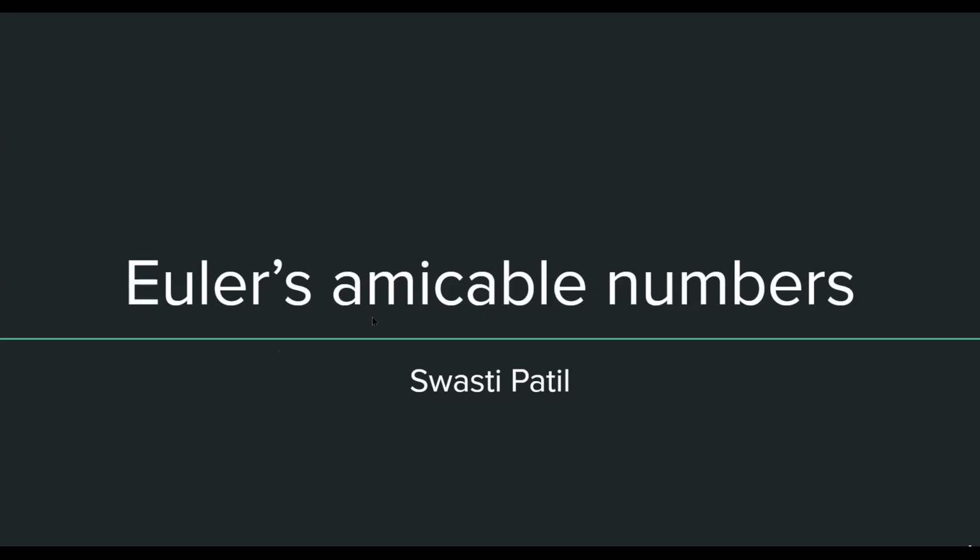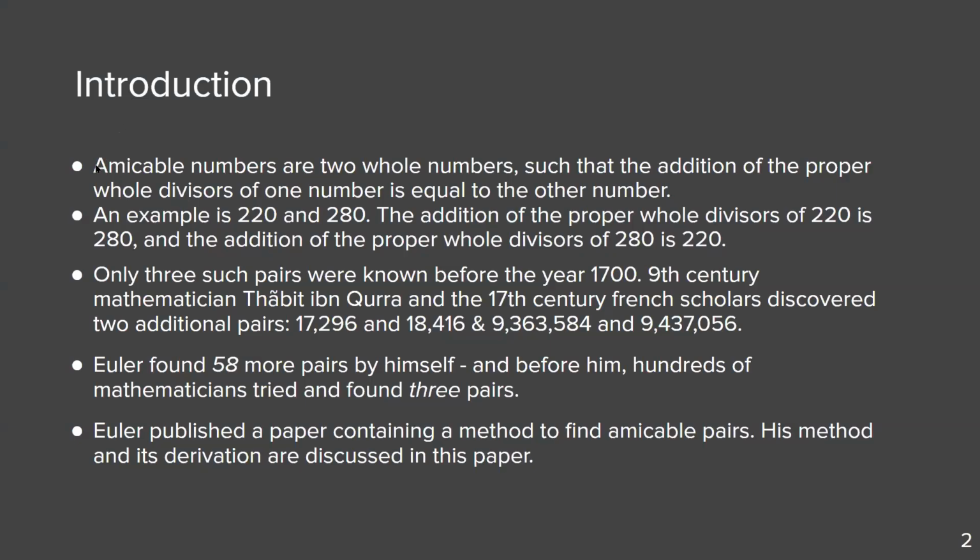Okay, so we're going to discuss Euler's amicable numbers. Let's start with the introduction. Amicable numbers are two whole numbers such that the addition of the proper whole divisors of one number is equal to the other number.